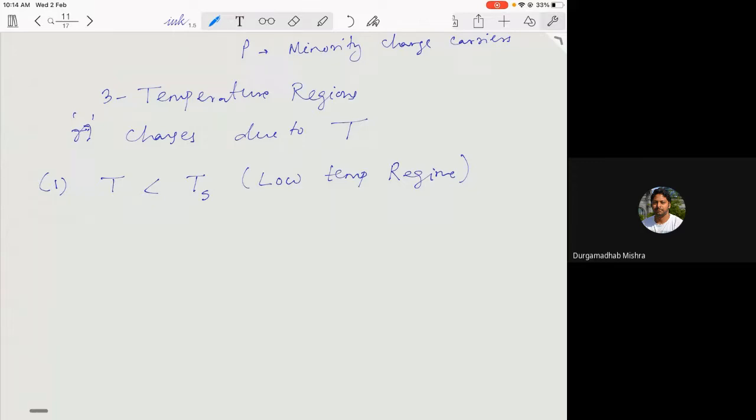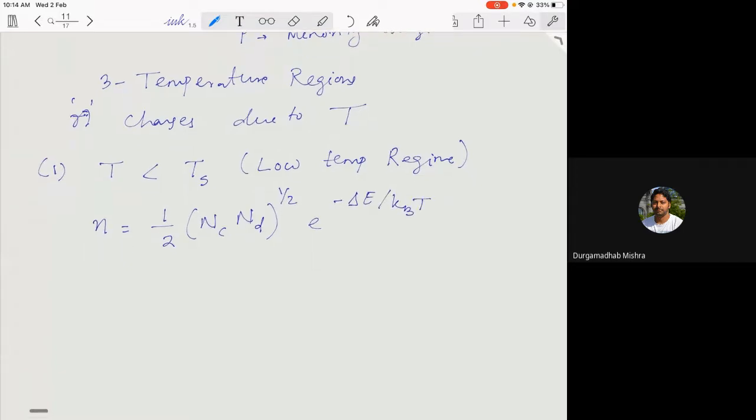In that case, your concentration of electrons will be given by this term. The first term is very similar to what we saw earlier for the intrinsic concentration.